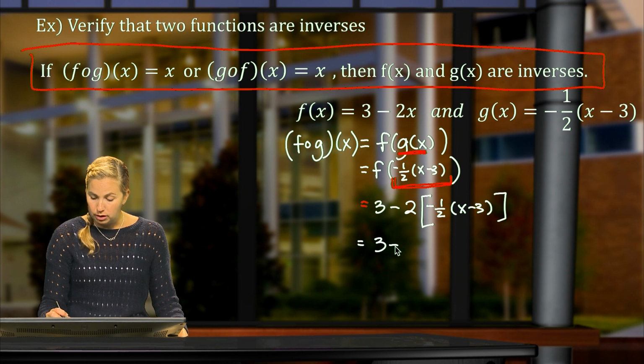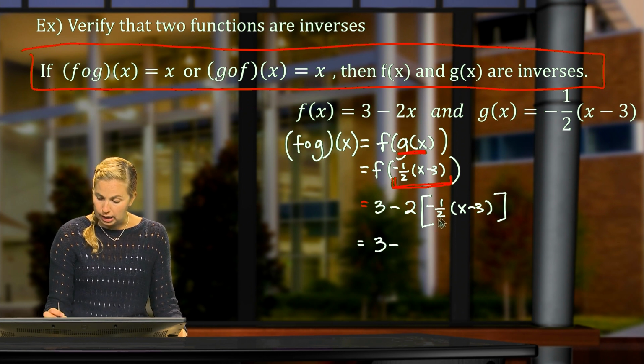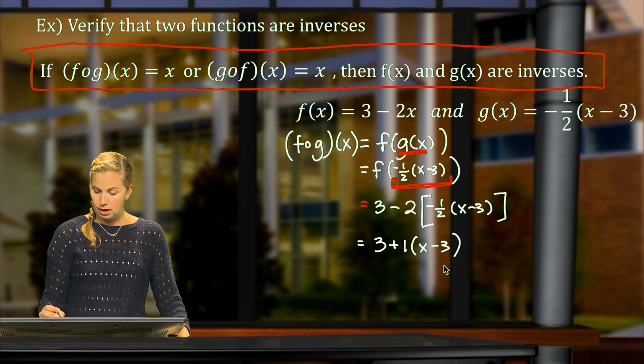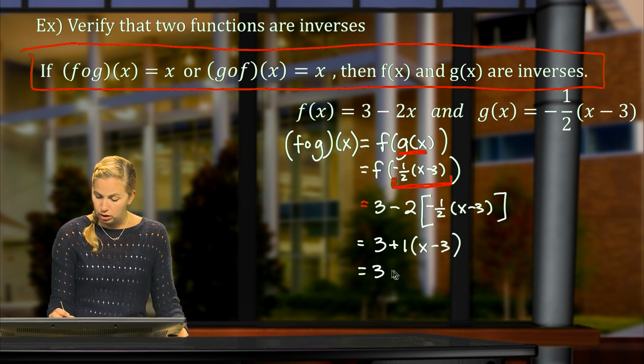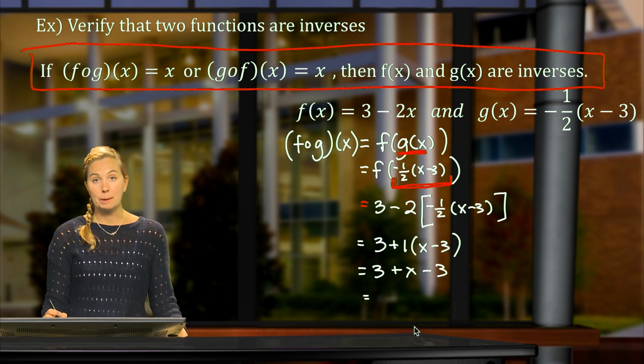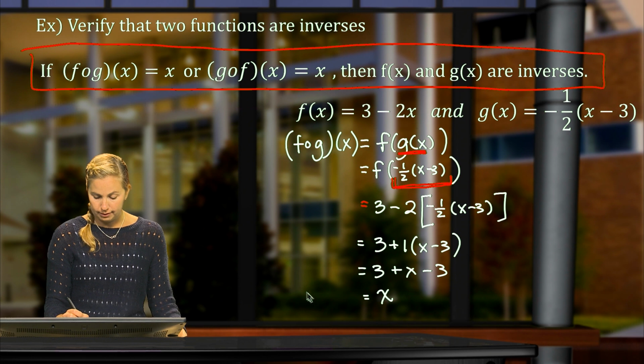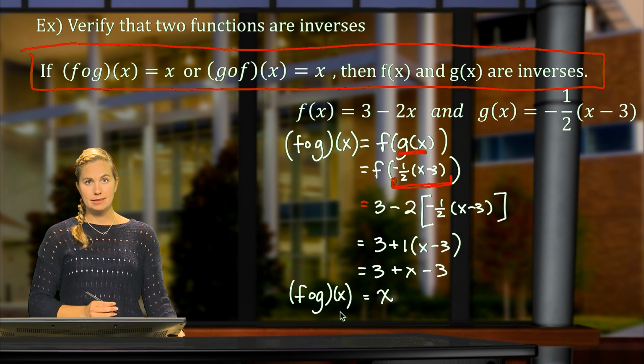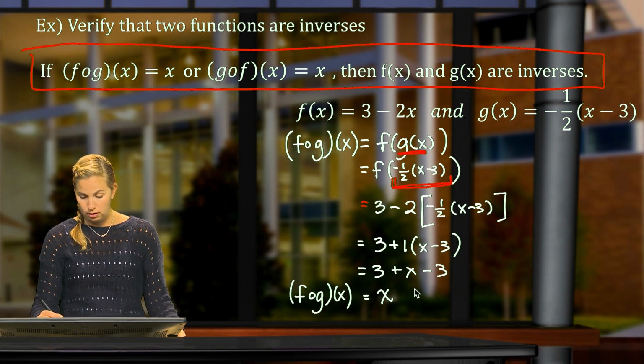So we have negative 2 times negative 1/2 is positive 1 times x minus 3. And distributing that 1, we have 3 plus x minus 3. Combining like terms, we get x. So our composite function f of g of x is x.